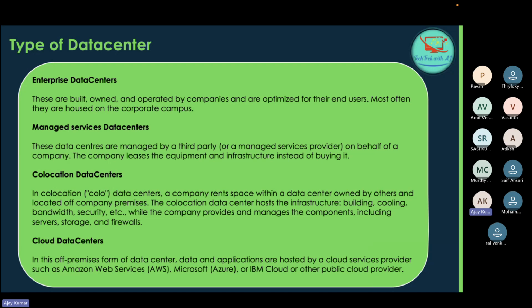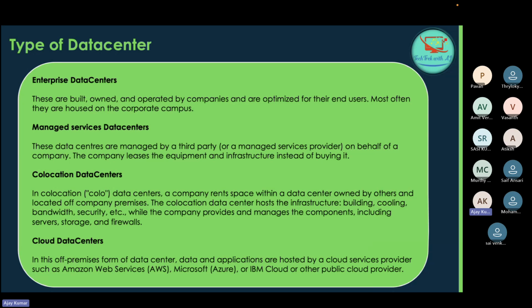While the company provides and manages the components, including server, storage, and firewall, etc. Means, you understand with the definition itself, a co-location data center is, in different words, just like you are renting a house in an apartment where the security is provided to you, where electricity is provided to you, where other amenities are provided to you. But inside the house, whatever things are available are going to be managed by you. That is the co-location data center.